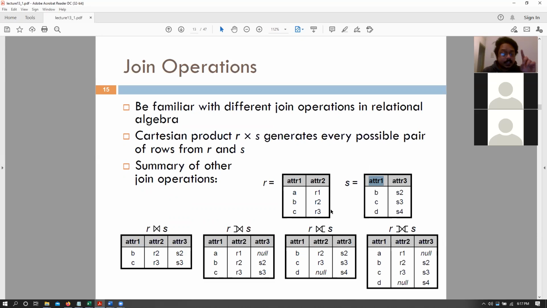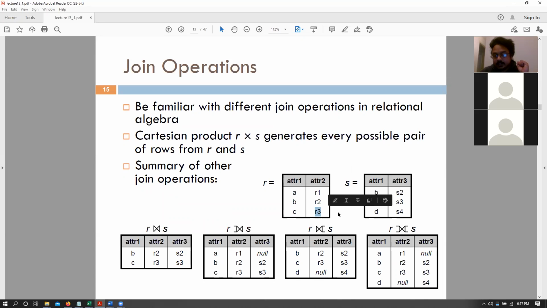And now, if it's a natural join, that means that for all entries for attribute 1 which have a corresponding entry in the S table as well, only those entries will survive. Everything else gets removed. So we see that for B, we have R2, and for B here, we have S2.